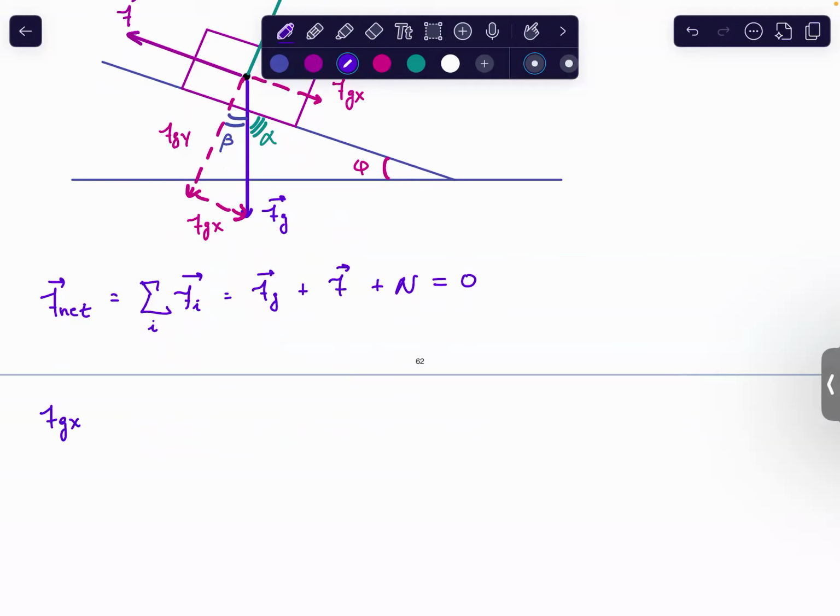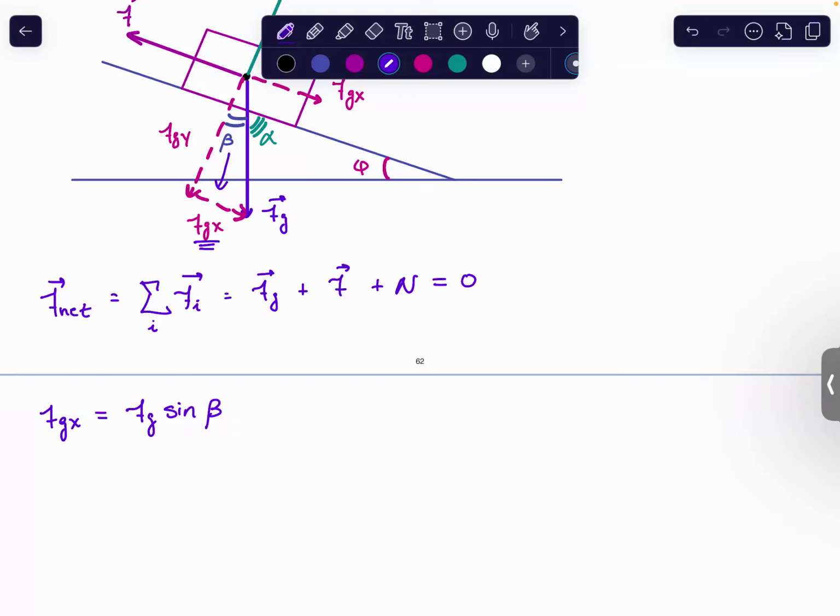Our gravitational force in the x direction is going to be the gravitational force cosine of beta because, wait, yep, did that backwards, sorry. Sine of beta, because the gravitational force is opposite the angle beta, so it's sine.